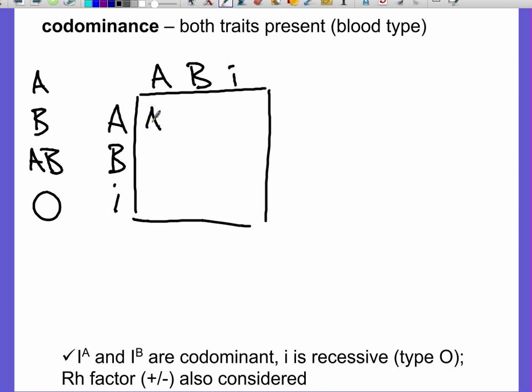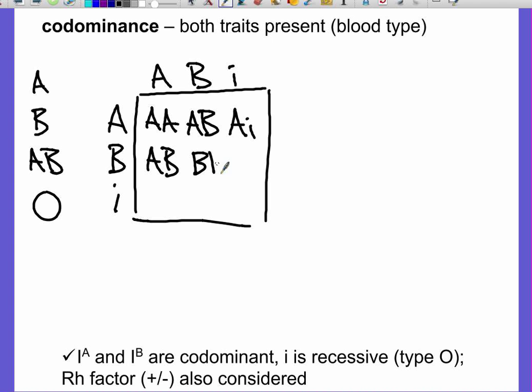You could be homozygous for A. You could have an A and a B, and that makes you type AB. You have an A and an I. That would make you type A, because O is recessive. That lowercase I makes it a recessive trait. So if you have A and I together, you're type A. Here's another AB.